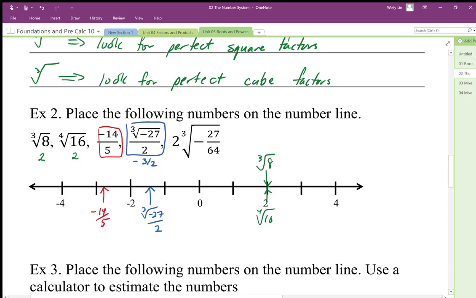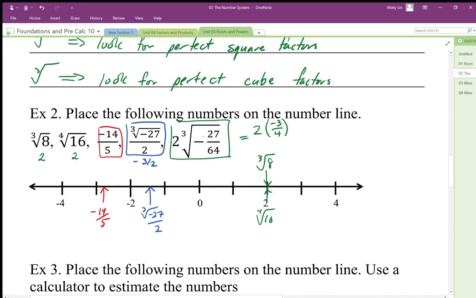And lastly, we have 2 times the cube root of negative 27 over 64. This is a cube root, so we're looking for perfect cubes. Well, 27 is a perfect cube. 64 is a perfect cube. So we end up with 2 times negative 3 over 4. The negative I can put either on top.